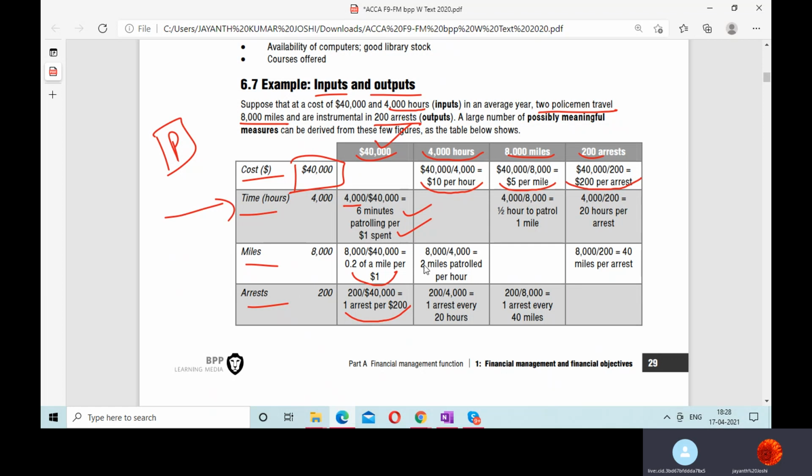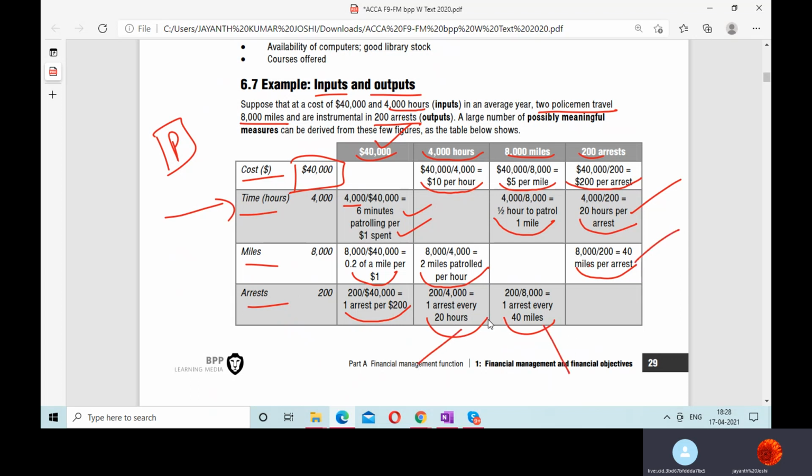In the same way, here 2 miles patrolled per hour, and here 20 hours for one arrest. Here half an hour to patrol 1 mile, 20 hours per arrest, and 40 miles per arrest. If you correlate, you see here it is 20, here it is 20, 40, 40.